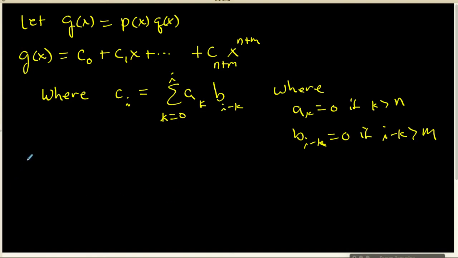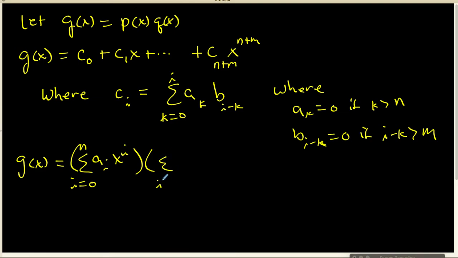In other words, we know that g of x, which is symbolically p, which is the sum as i goes from 0 to n of ai times x to the i, times q, which is the series as i goes from 0 to m of bi times x to the i.